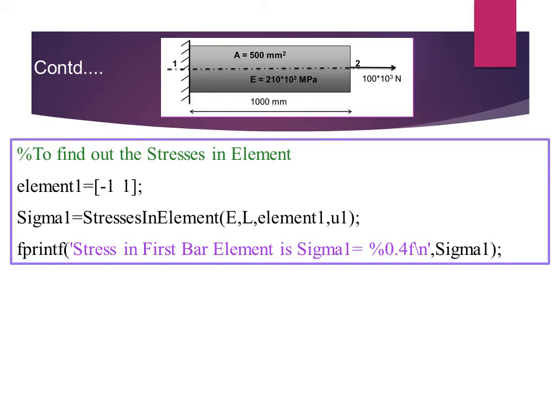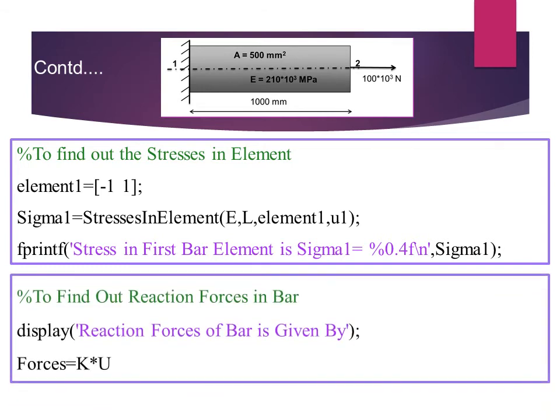See, our sigma, that is the stress for the 1D bar, equation is sigma is equal to E upon L into row matrix, that is minus 1 1, and column matrix u1 and u2. So I am using the function file stresses in element. In the next slide I am going to explain what that function file is. But remember this, stresses in element is the recalling of that function, and automatically the variables are recalled by the program and the equation is solved and the result is directly displayed.